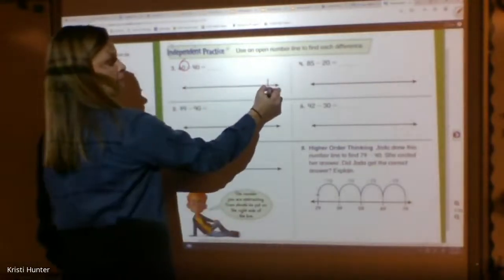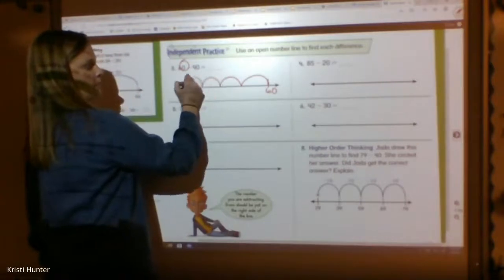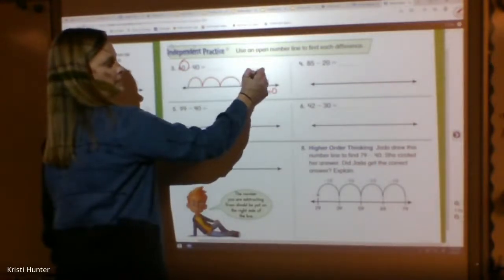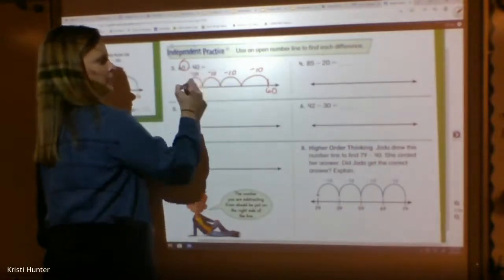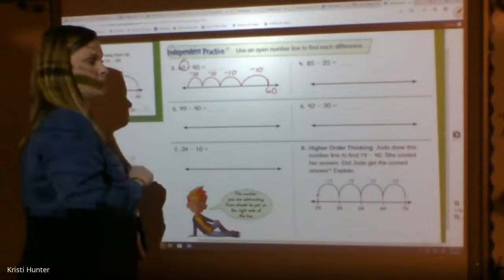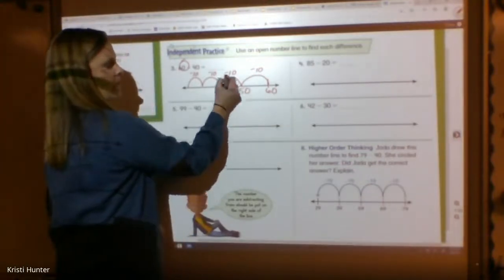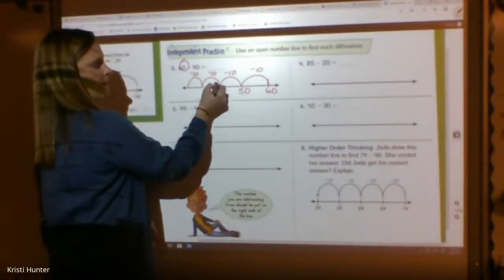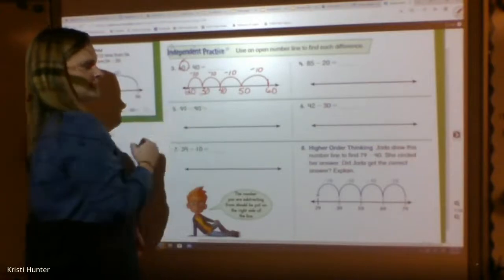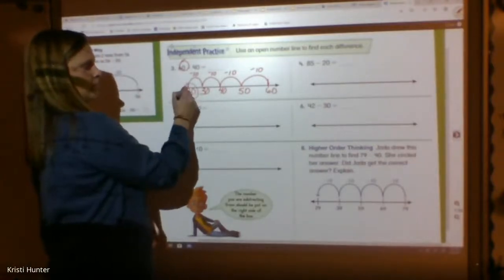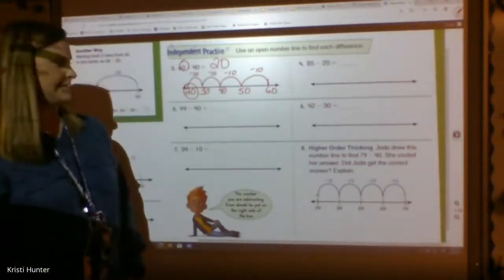So let's jump back 4 tens. 10, 20, 30, 40. So I'm going to label my jumps so I don't forget what I jumped backwards. Very important when we come tomorrow when we're going to have to do tens and ones. So we're at 60, back 10 more makes 50, back 10 is 40, back 10 is 30, back 10 is 20. So my answer that I arrived at when I jumped back on my number line is 20.